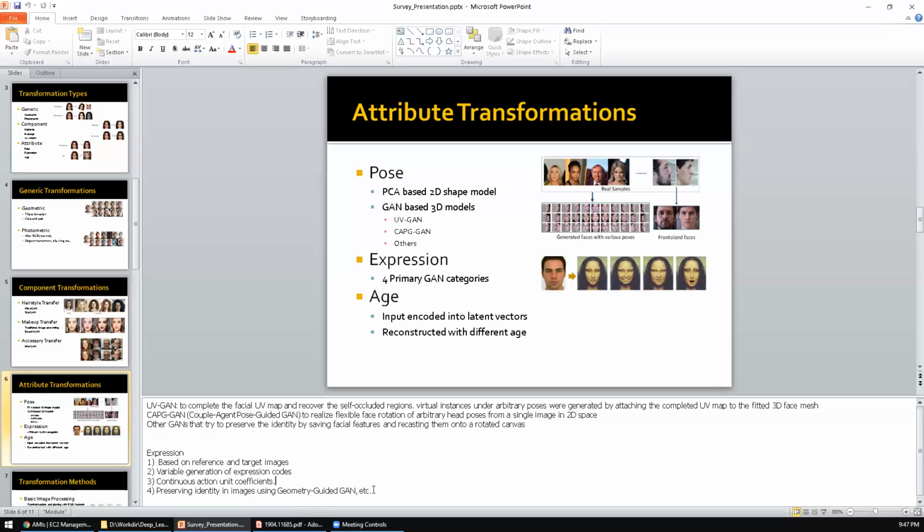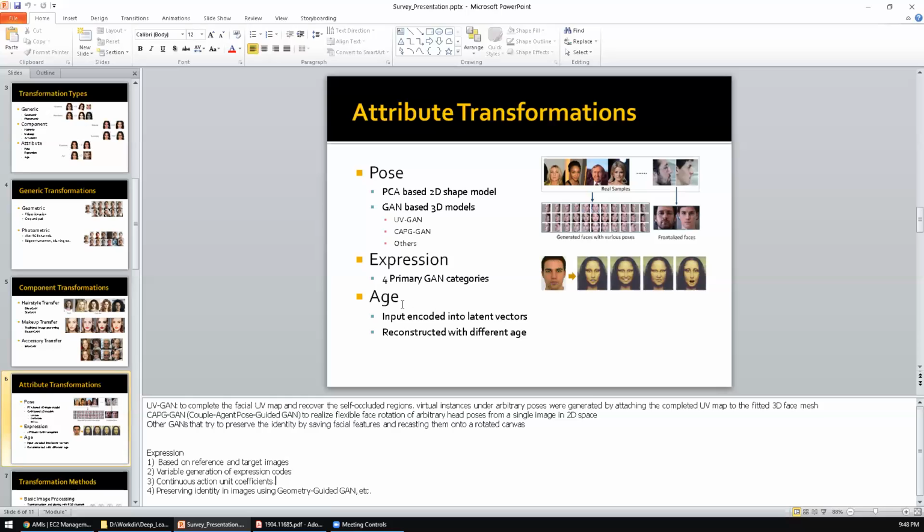And then the fourth category is GANs that preserve identity in doing expression transfer. So if somebody smiles, how realistic is it compared to how they would actually look when they smiled?